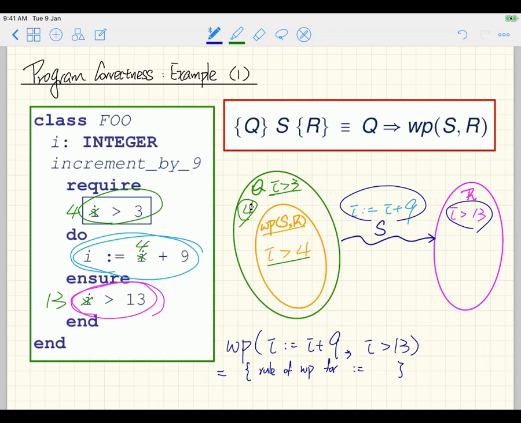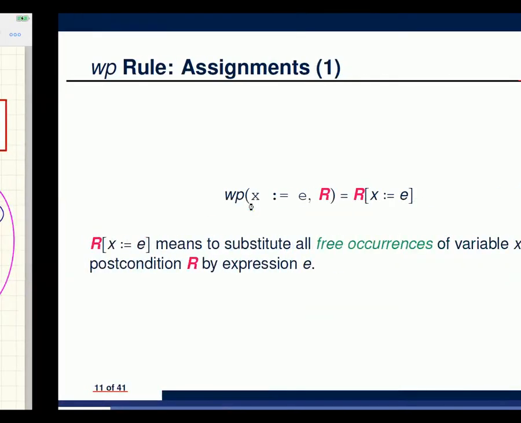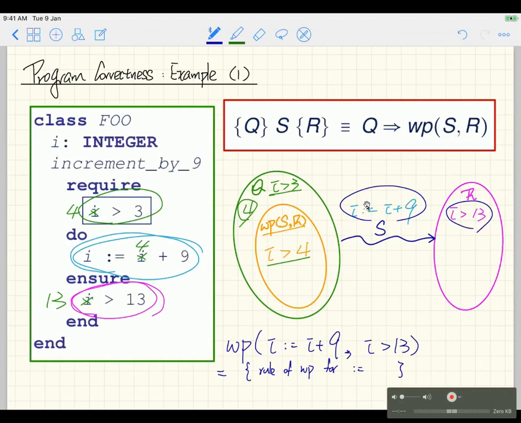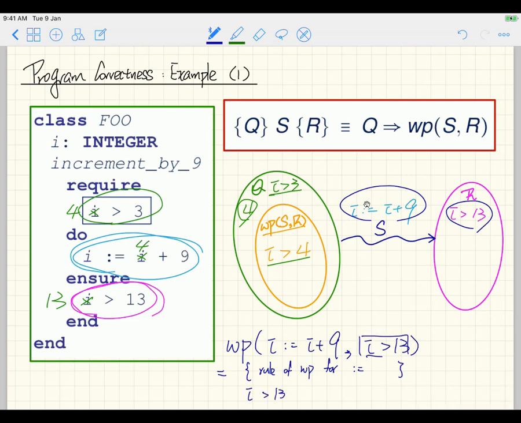Remember what we have is this. Just repeat the post condition, and then replace every occurrence of x by E. What I mean by that, I'll do one more step. I say i larger than 13, which is the post condition, and then replace every occurrence of i by i plus 9. I'm running out of space, but I'll just say equals over here.